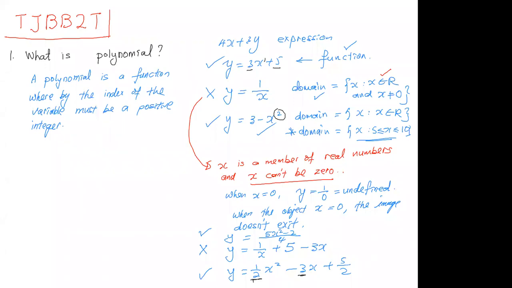So we have many types of polynomial. Teacher, is it possible to have a fraction as a polynomial? No, cannot. It must be a positive integer, then we call it a polynomial. So just now I told you this is not a polynomial.